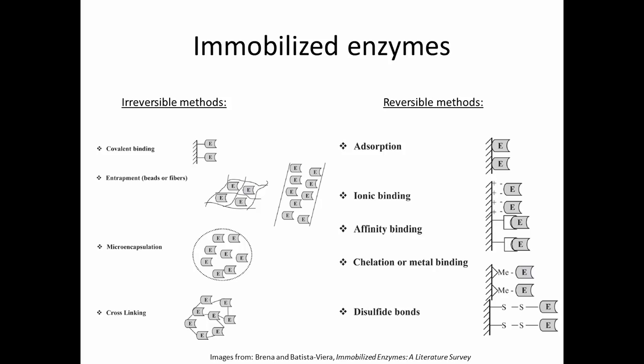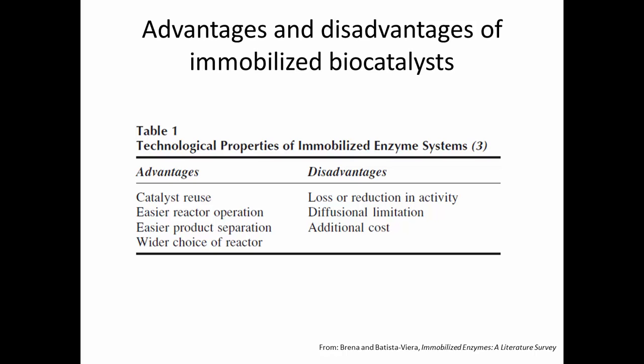And then there are the reversible methods, which are adsorption, where we could easily desorb enzymes if we wanted to, ionic binding, affinity binding using antibodies, chelation or metal binding, and disulfide bonds. So you can do this irreversibly or reversibly, and given the situation, one method might be preferable to the other.